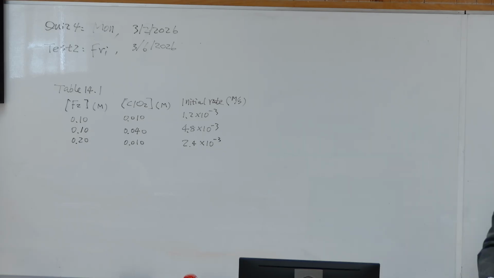This is the 14.1 table. A, deduce the rate law for the reaction. B, calculate the rate constant K. C, calculate the rate of the reaction at the time when F2 concentration is 0.01 and ClO2 concentration is 0.02 molar.